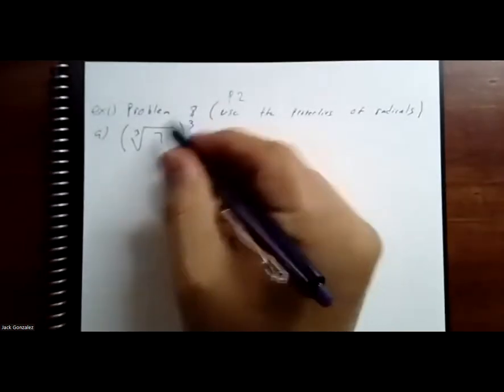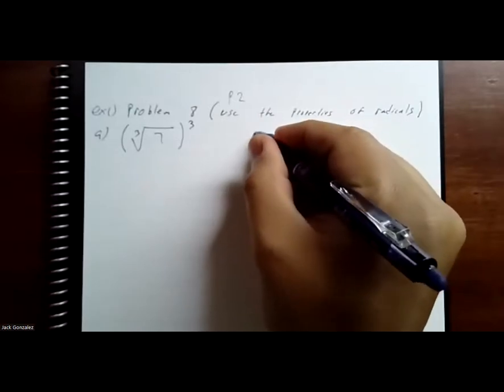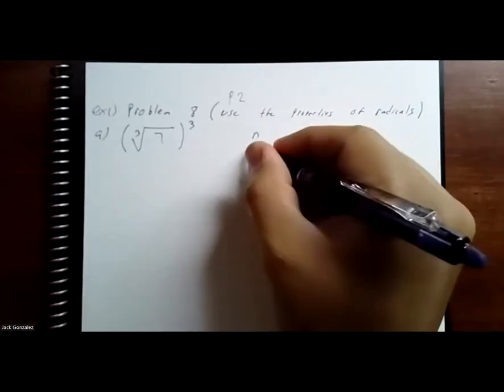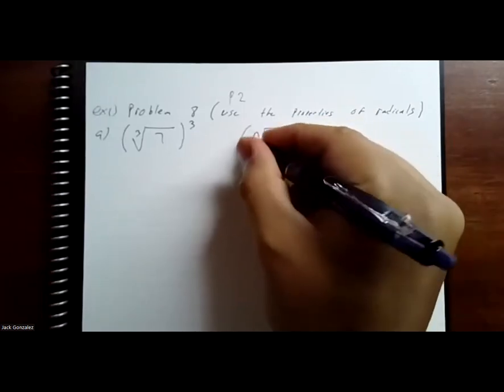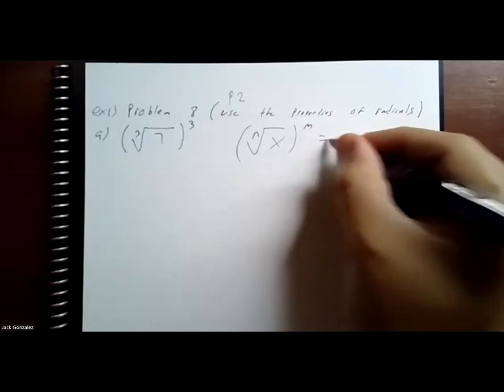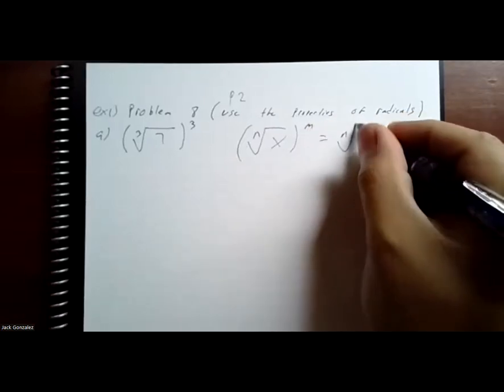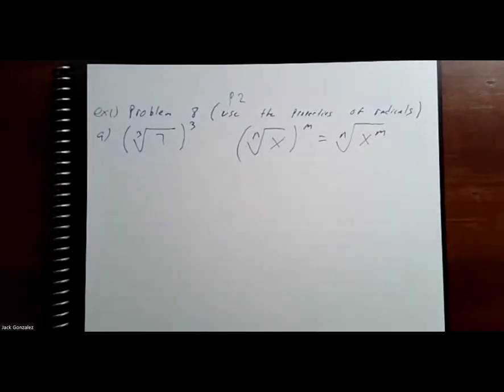So there's a couple ways you can think of this. There's a property that says nth root of x, some real number x, can be rewritten as nth root of x to the m, if you want to.